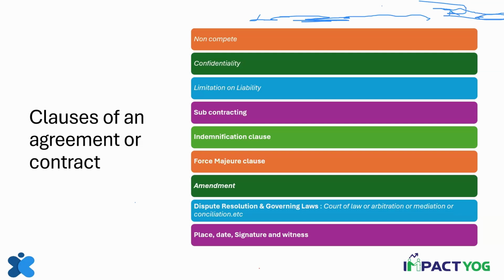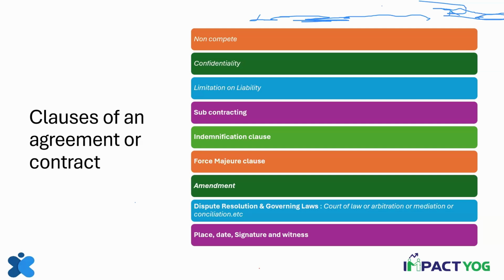This is a clause which is mostly used for procurement where the kind of product is more important. Then confidentiality, limitation on liability. This is a risk management tool because the contract says my liability is limited to this.